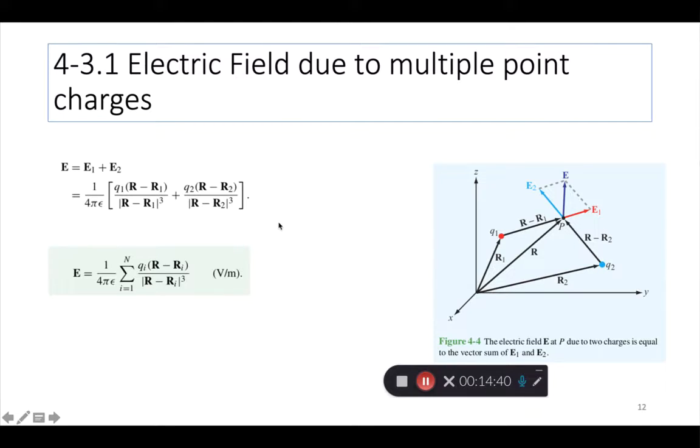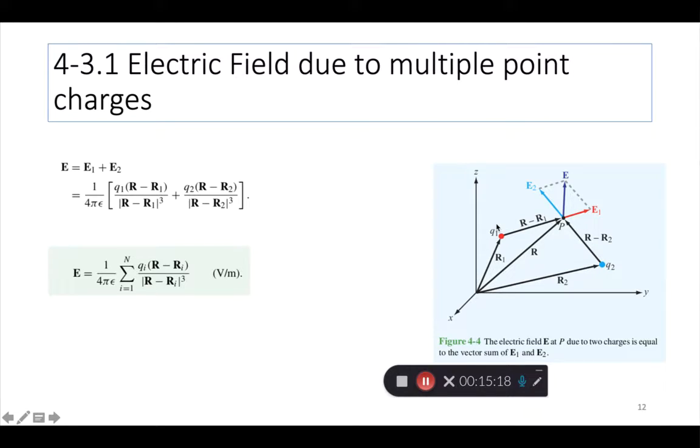If you have multiple charges, let's say Q1 and Q2, what electric field do they create at a point, let's say P? How to calculate that using vector methods is what this slide is about. This is vector addition: E equals E1 plus E2, where each of these is a vector.